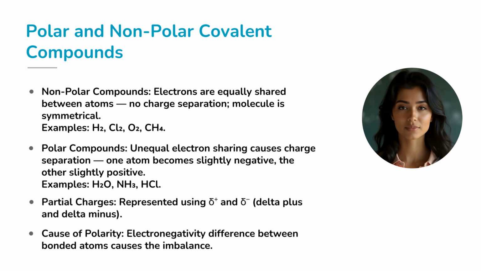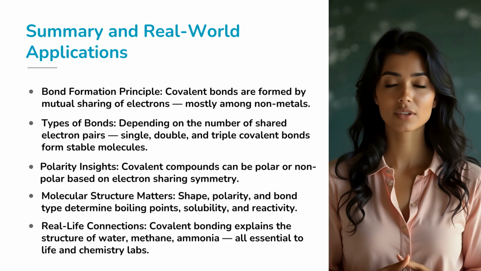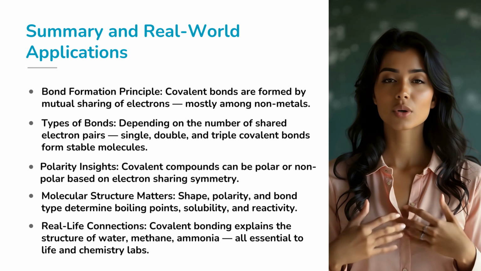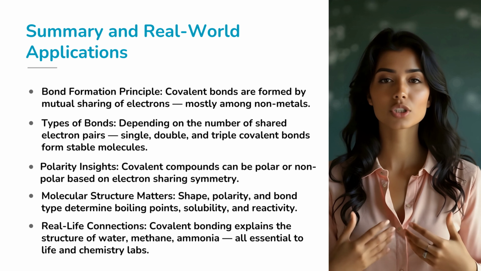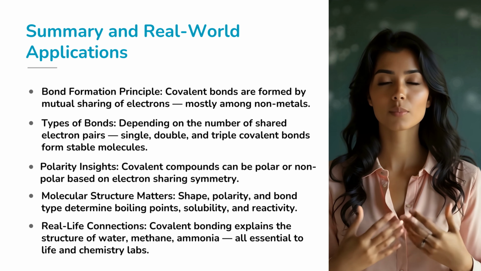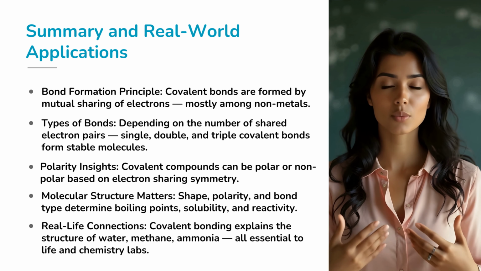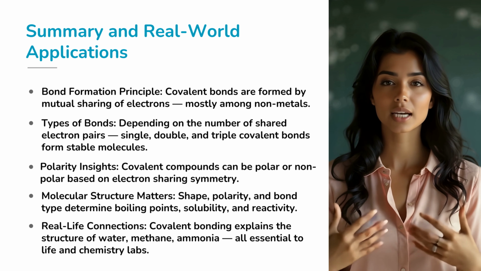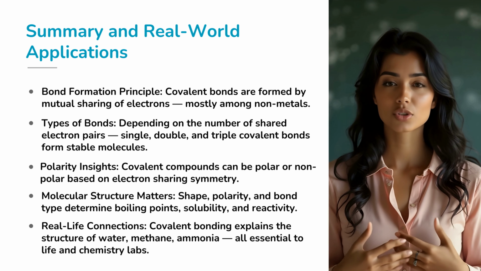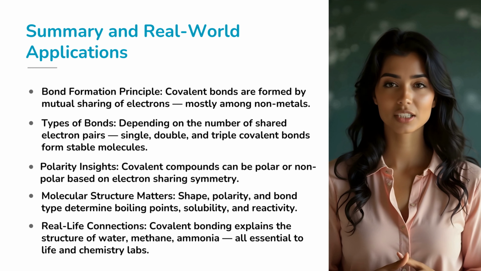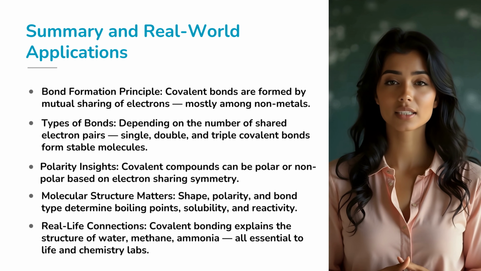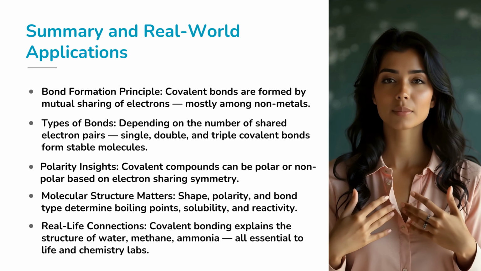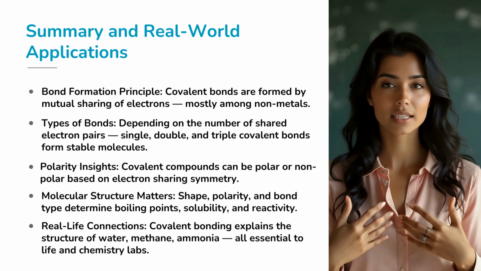So let's quickly recap everything we've learned about covalent bonding. We saw that covalent bonds form by mutual sharing of electron pairs, mostly between nonmetallic atoms. These shared pairs help atoms complete their outer shells, leading to molecular stability. We looked at different bond types, single, double, and triple, depending on how many pairs are shared.